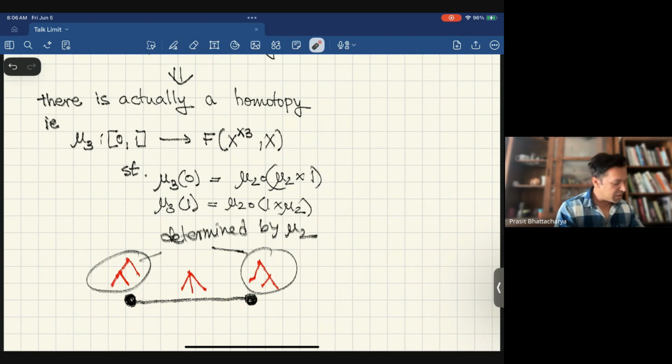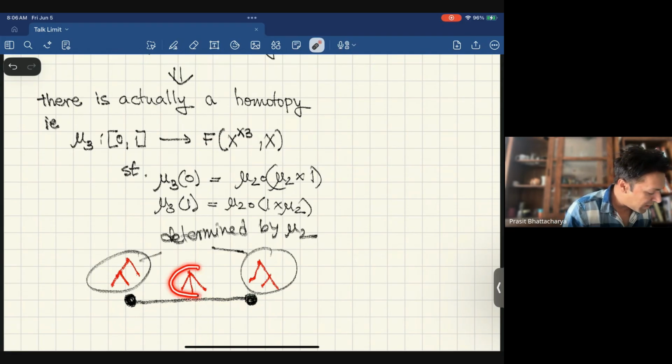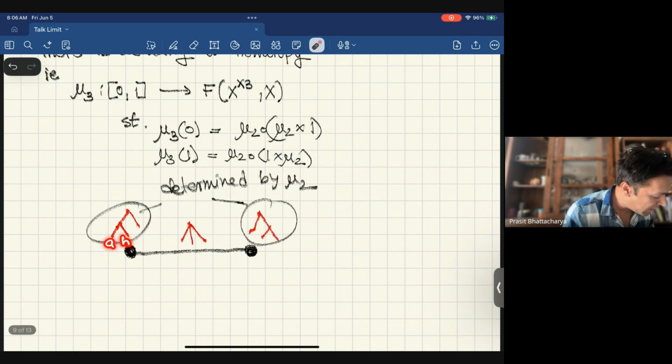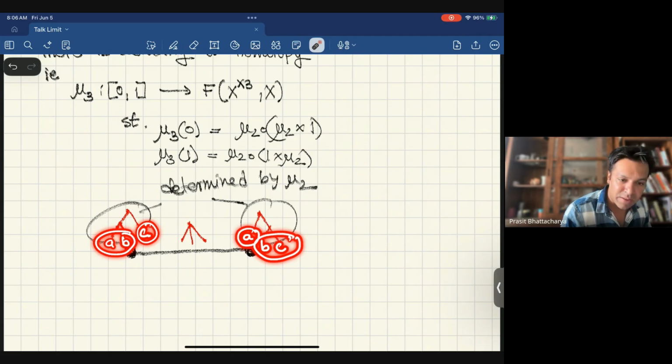In terms of trees, I denote it by a tree with no internal edges. Here, this is telling you exactly how you are multiplying things. If I write down A, B, and C, you know that you are first multiplying A and B and then multiplying C. Whereas if I write down A, B, and C here, you see that first you're multiplying B and C and then you're multiplying by A on the left.